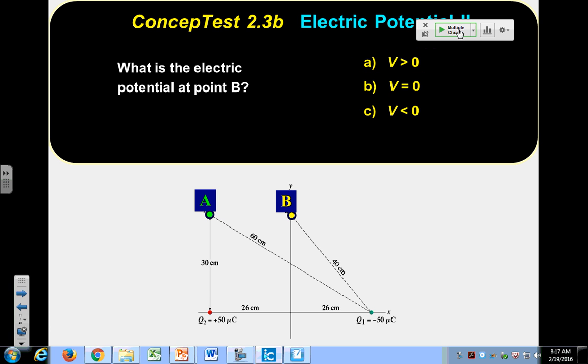What is the electric potential at point B? So now at point B, I'm along the origin here, along the y-axis, so I'm equidistant between these 2 charges. What is the potential at that point?